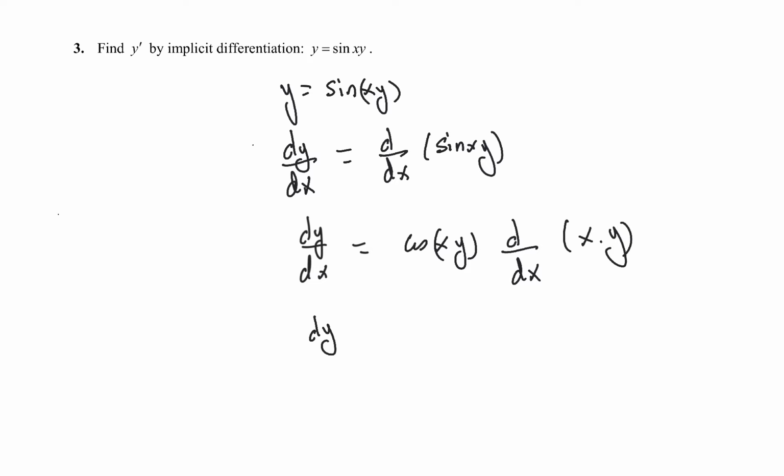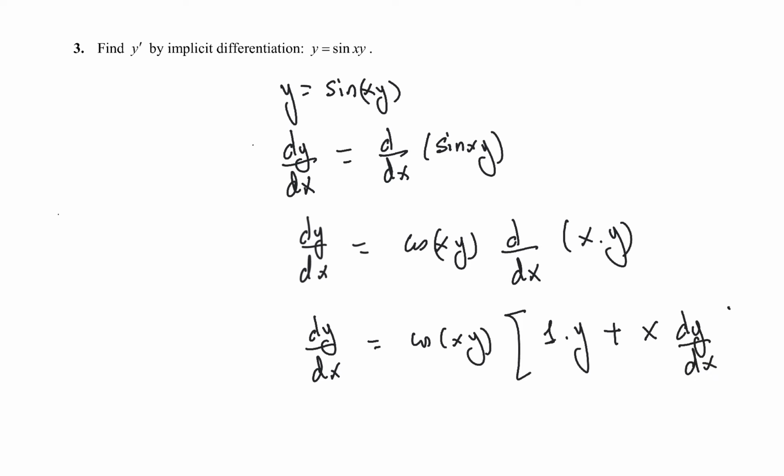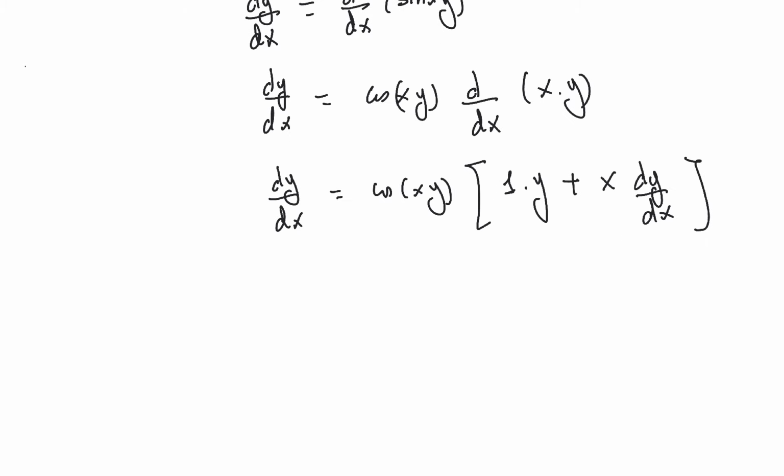So the derivative of y with respect to x is cosine of xy, open parenthesis, now I have a product, xy. The derivative of the first multiplied by the second, plus the first multiplied by the derivative of y with respect to x. And now I'm almost done. Let's take common factor the derivative of y with respect to x.